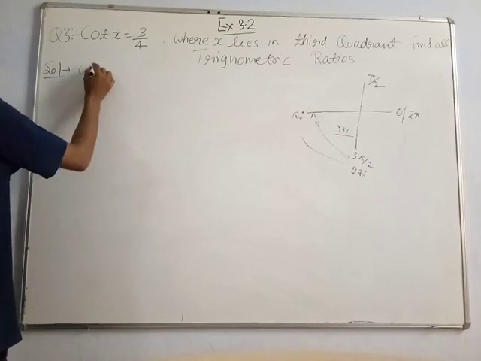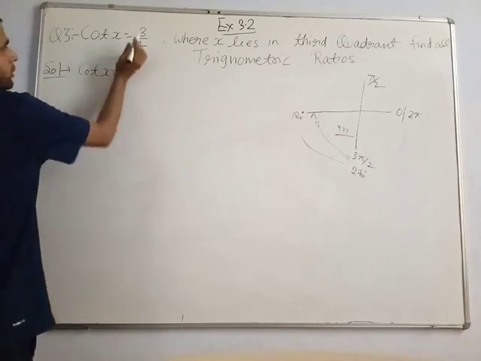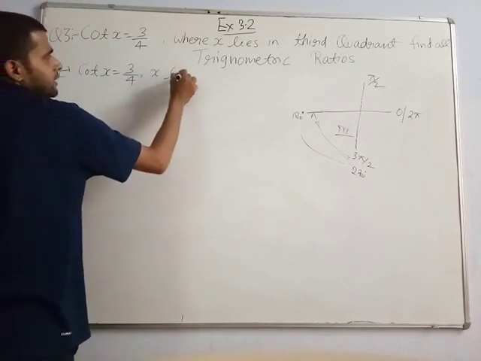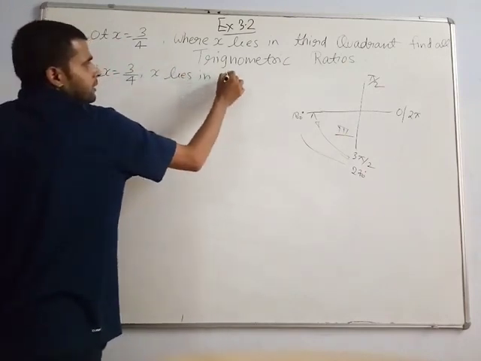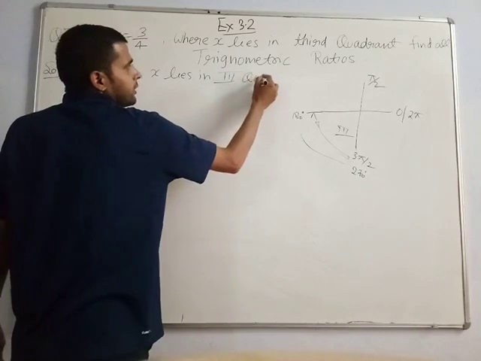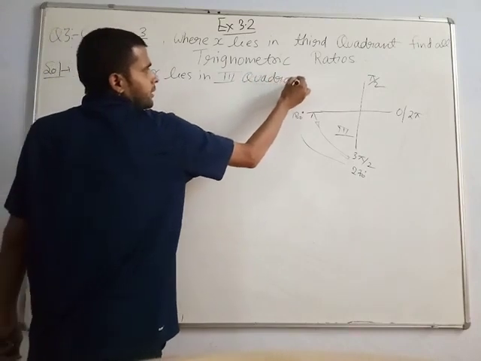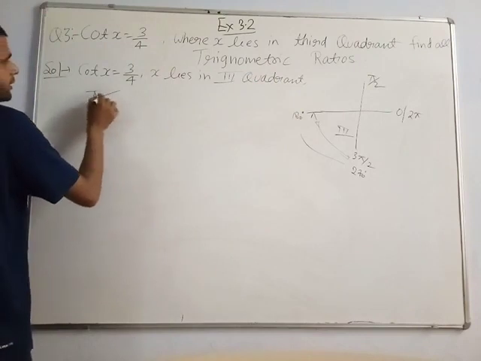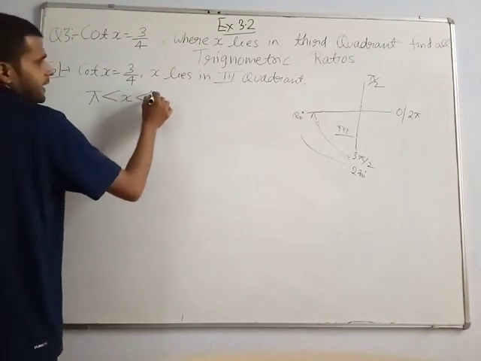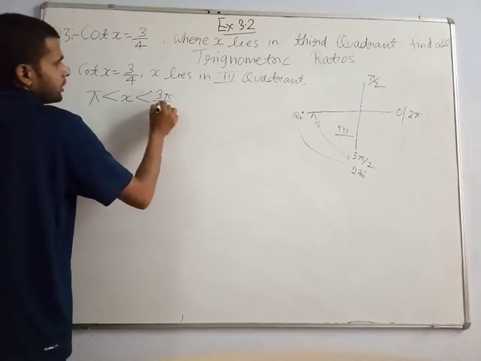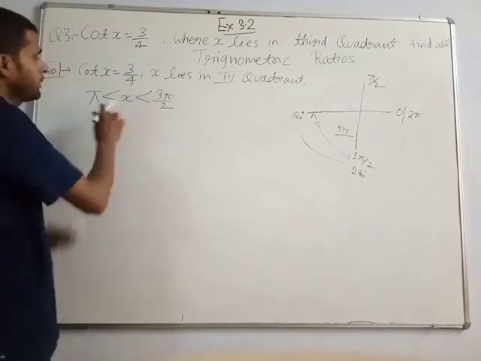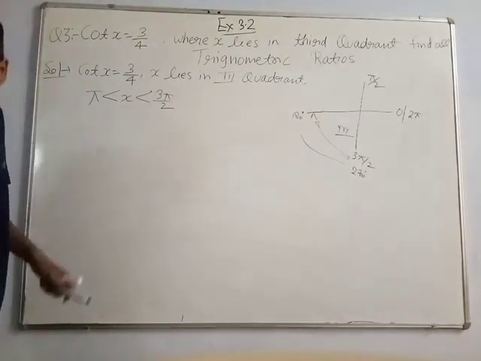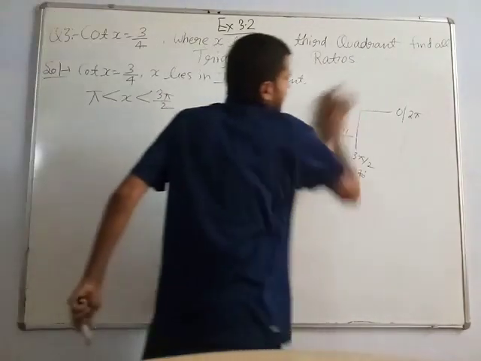So cot x equals 3 upon 4, and x lies in the third quadrant, meaning x lies between 180 and 270. Okay.